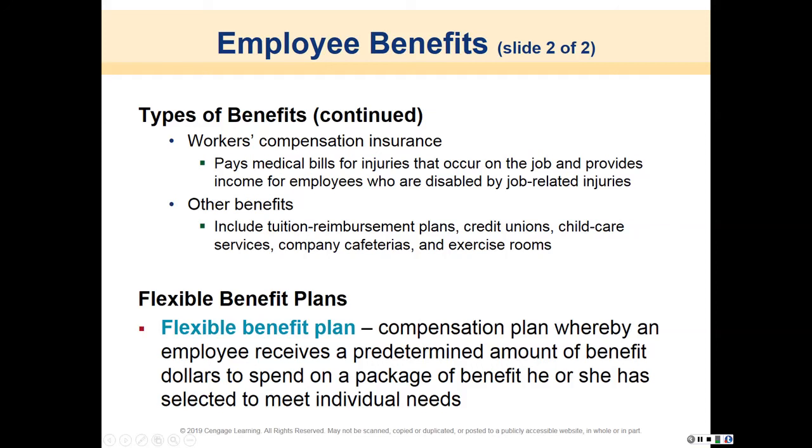Flexible benefit plan is kind of a newer thing where they're giving you the option. They tell you you have a predetermined amount of money to spend on benefits, and then they basically give you a menu, and they say, all right, here's health insurance and how much it costs, and dental and retirement and the gym membership and all these things, and they say, all right, if you want to, you have $1,000, spend it however you want.